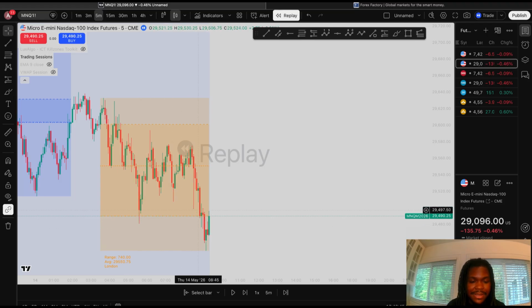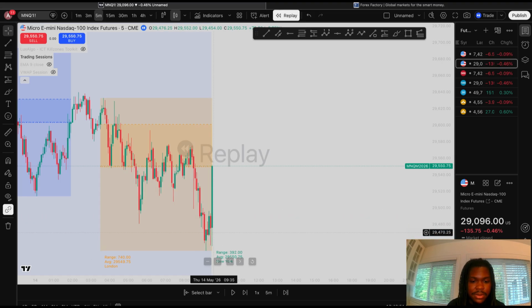So with that being said, I want to see price push to the upside. As the market opens at 9:30, as you can see, price reverses and has a strong bullish push out of market open and out of the sweep of liquidity that we saw earlier.